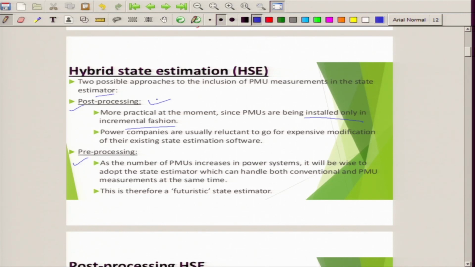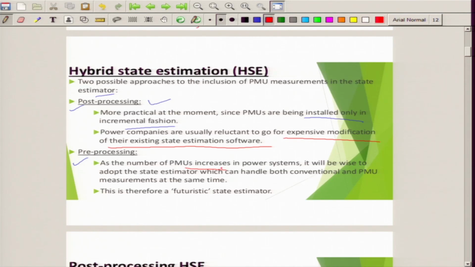The power companies are usually reluctant to go for expensive modification of their existing state estimation software, whereas in a futuristic scenario where we can see PMUs in multiple places, as the number of PMUs increases in power systems, it will be wise to adopt a state estimator which can handle both conventional and PMU measurements at the same time. This is therefore a futuristic state estimator.